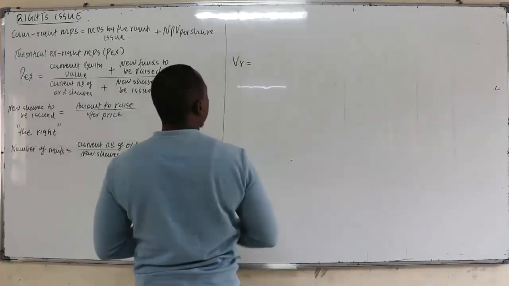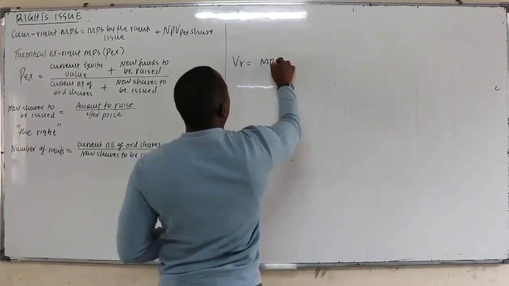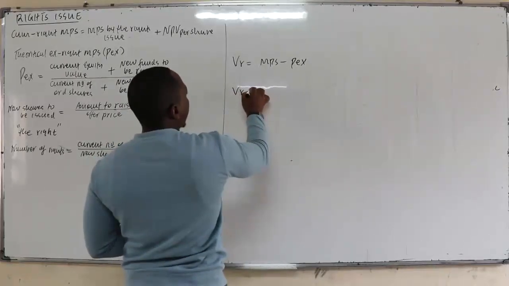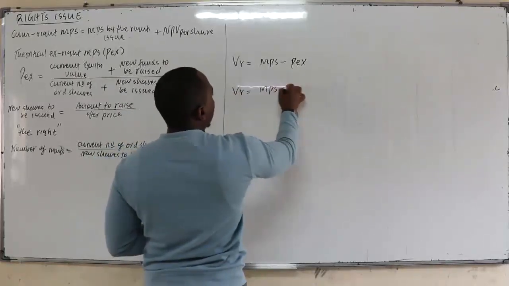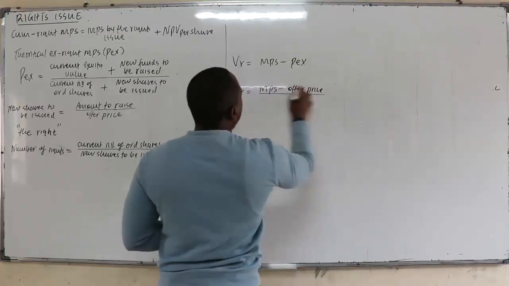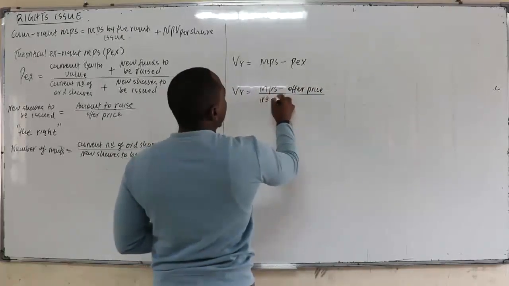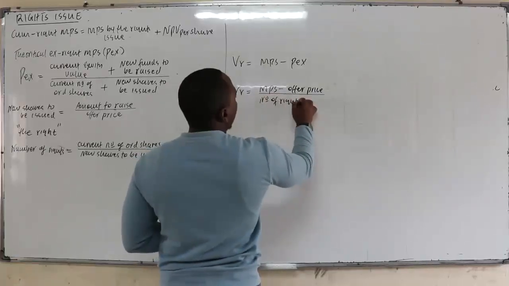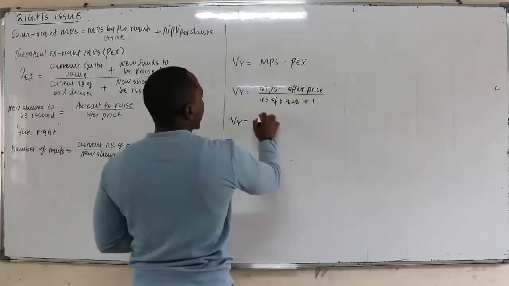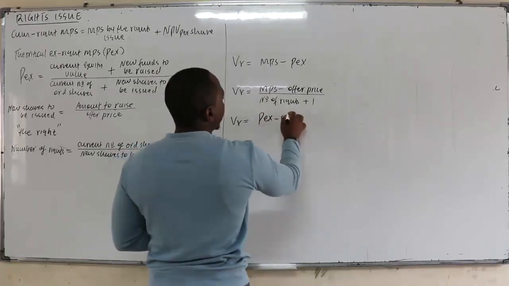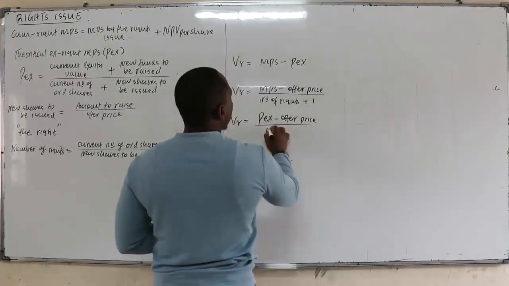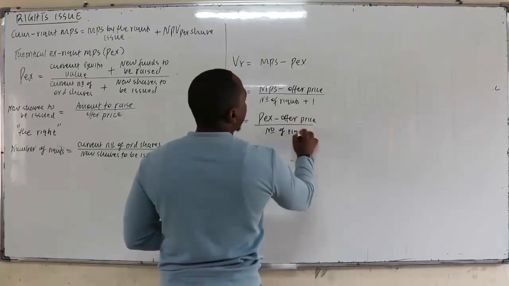You can take the market price per share minus the theoretical ex-right price. Or you take the market price per share minus the offer price, divided by the number of rights plus 1. Or you take the theoretical ex-right price minus the offer price, divided by the number of rights.